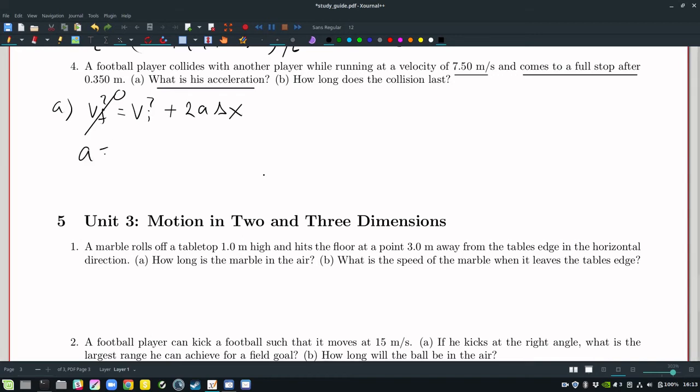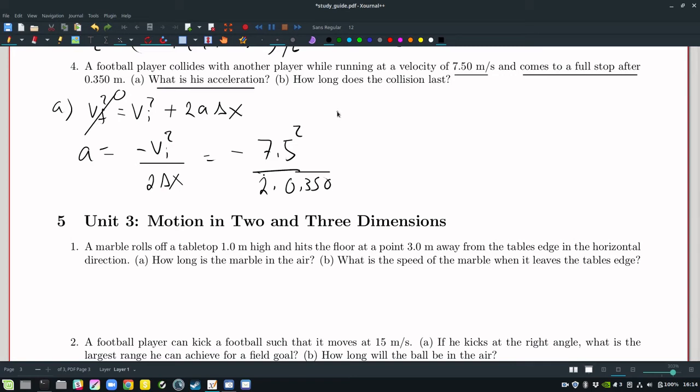So the acceleration will be negative v_i squared over 2 delta x. We're given v_i, that's negative 7.5 squared divided by 2 times 0.350 for the meters over which this takes place.